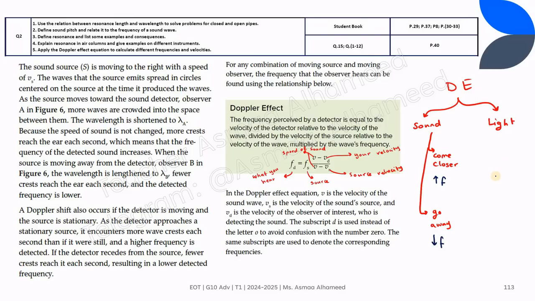So for a high frequency, we say that you are experiencing a blue shift, as in the object appears more blue to you. Now if the object is going away, again you will see a low frequency. Then you are observing a red shift, as in the object appears to be more red than its original color.